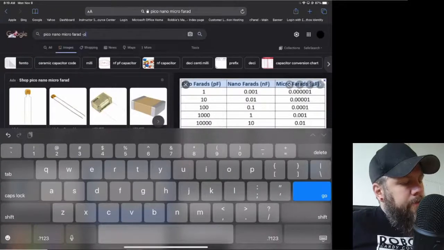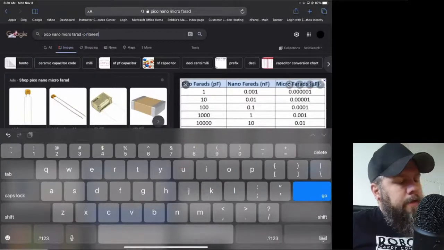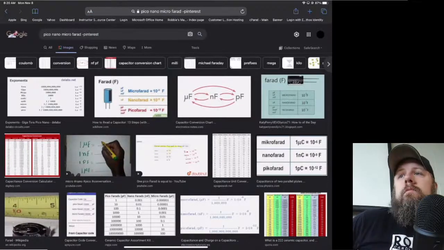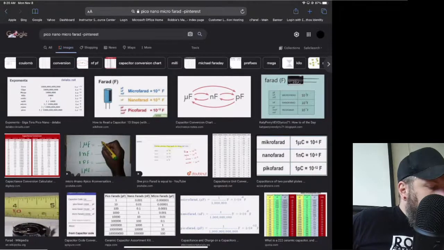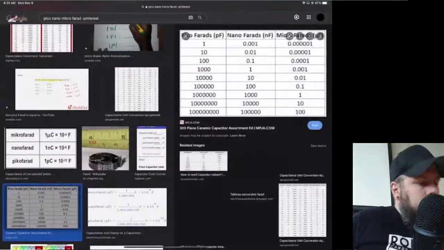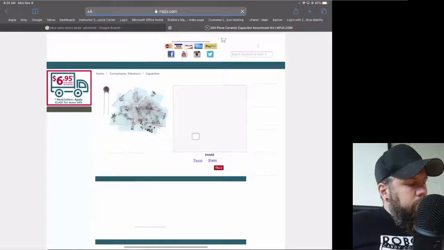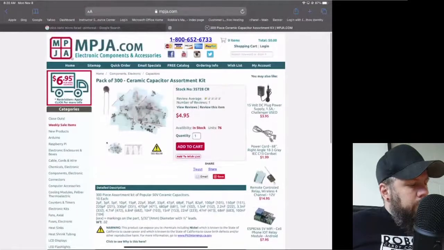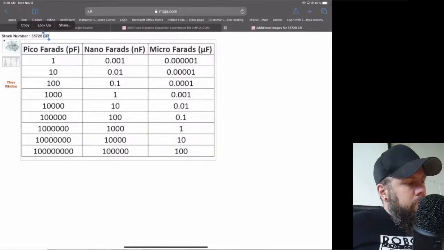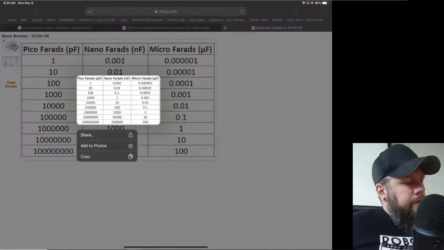If you don't want something, do a negative, like a minus. Okay, and it'll knock out. So this should be easier to find. Well, I'll say that. All right, so what I'm going to do is I'm going to add that to my photos.